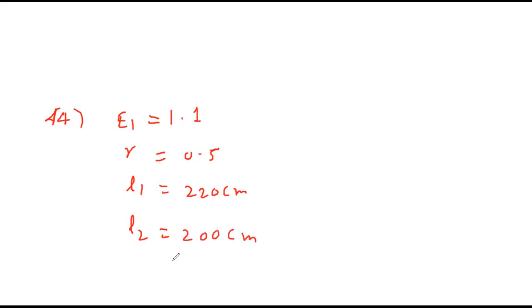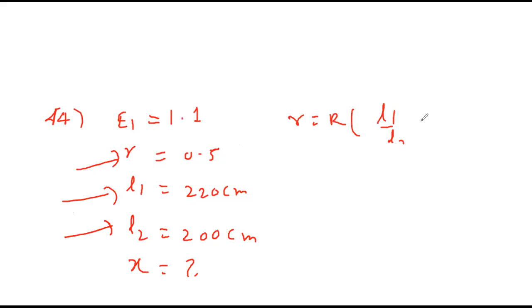The shunt connected starts drawing current when the plug key is closed. That is the meaning. Then what is that current? Small r is given, L1 L2 given. Can you get the shunt resistance value using this formula?